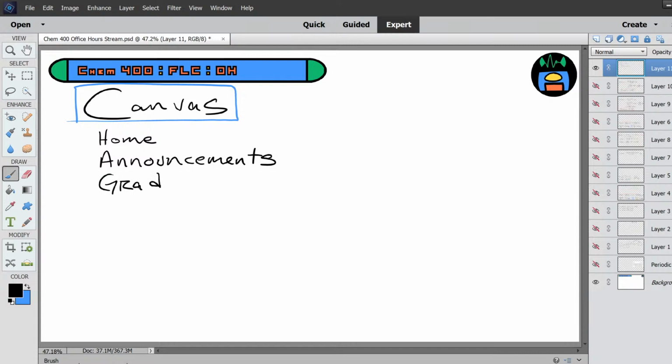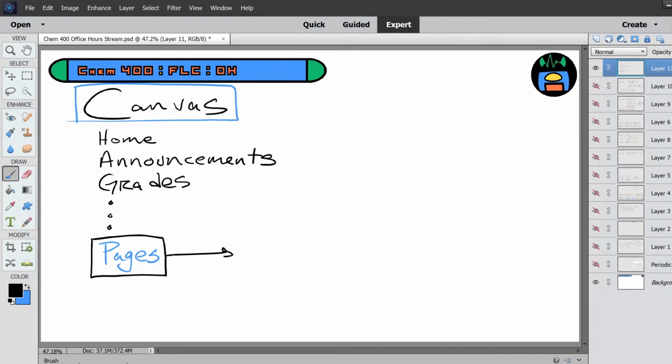If you go down to pages on that navigation sidebar and click it, it takes you to this place that looks like the home page.